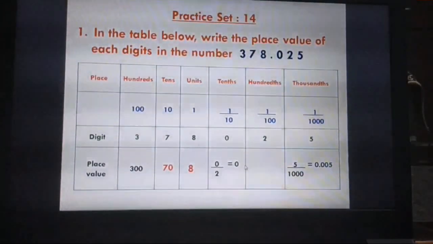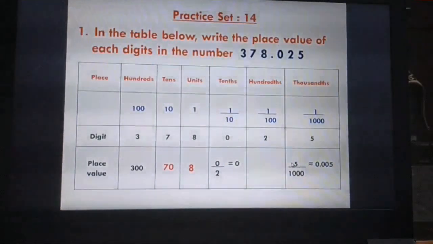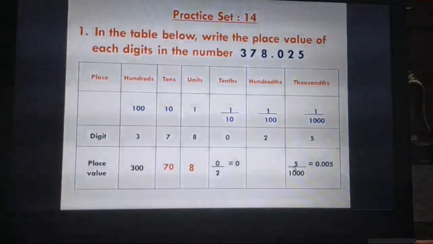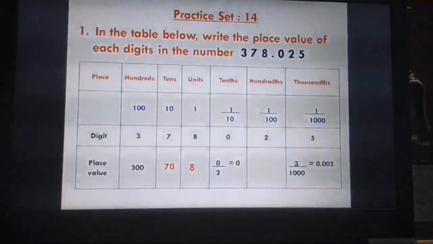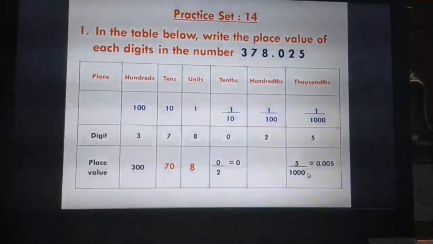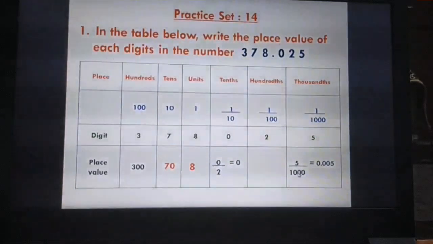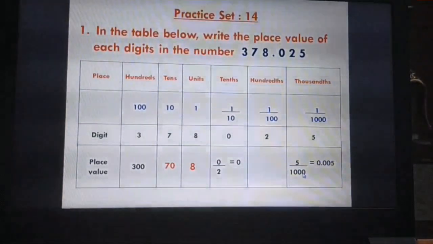Clear? Now before we start doing this, first try to understand this. What is given? 5 upon 1000. Whenever we want to convert any fraction into a decimal fraction, first see how many zeros are given in the denominator. See here, 3 zeros are given.